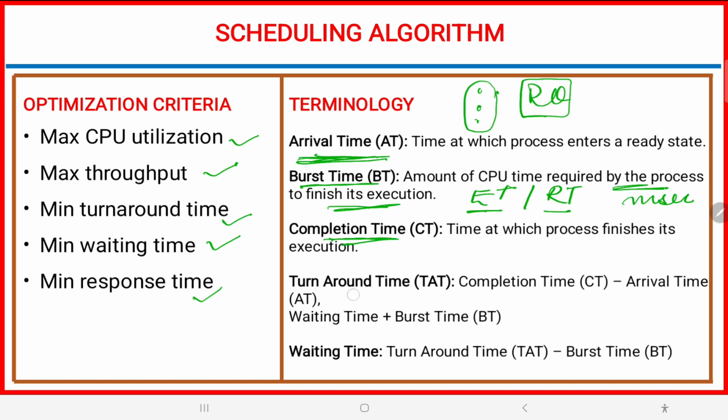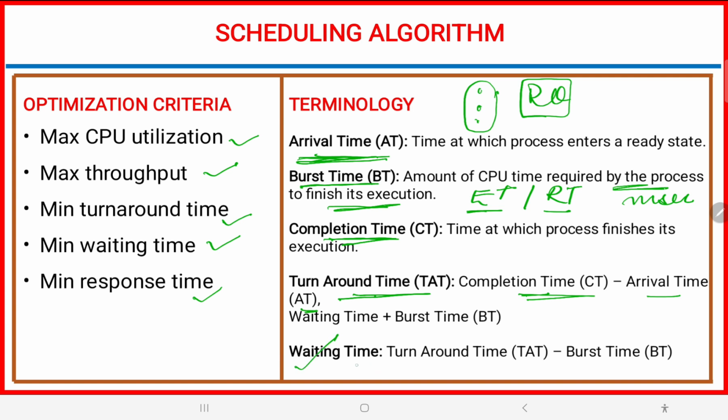Then we are having turnaround time. We have discussed about turnaround time in the past. Now the question arises that how we can calculate the turnaround time. To calculate turnaround time, if we are aware about completion time and the arrival time, we can easily calculate it. So turnaround time is completion time minus arrival time. Similarly, we are having waiting time. We have read about this in the previous slide.